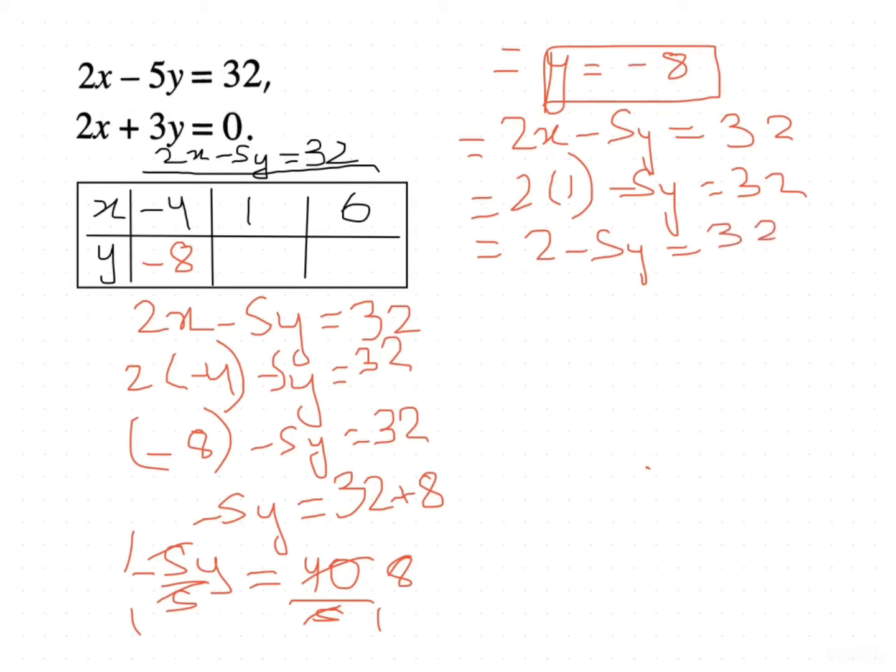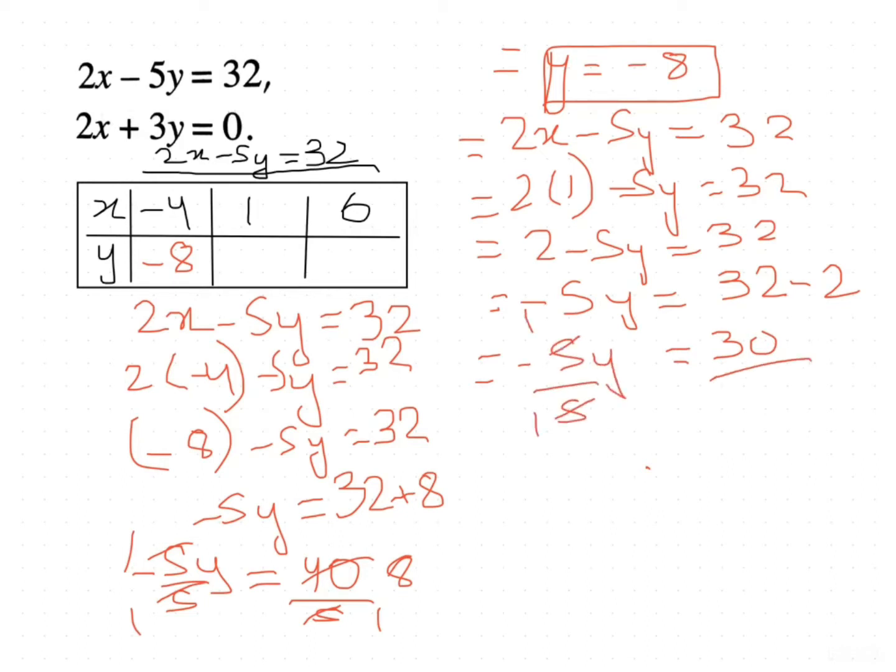Then minus 5y equals 32 minus 2, because the sign has changed as it is shifted to the other side. So 30 equals -5y, and simplified, y is equal to -6.